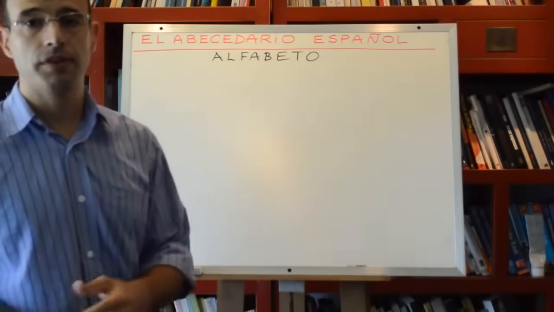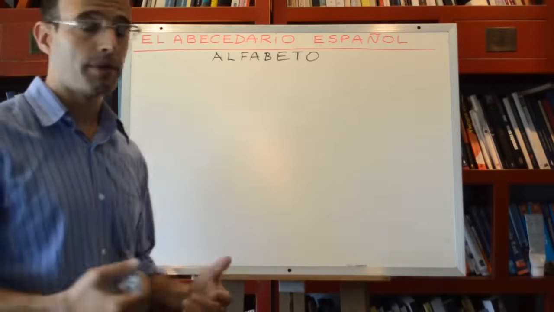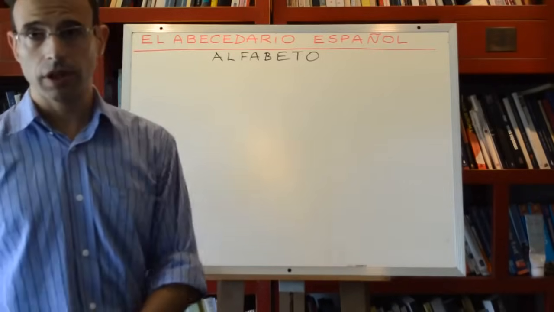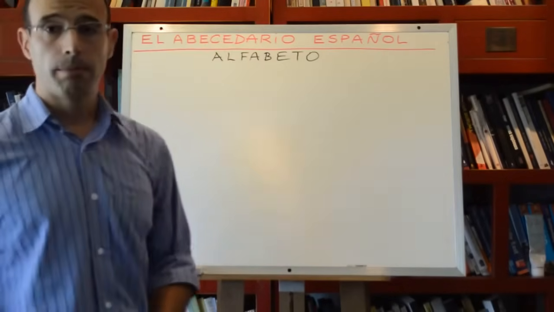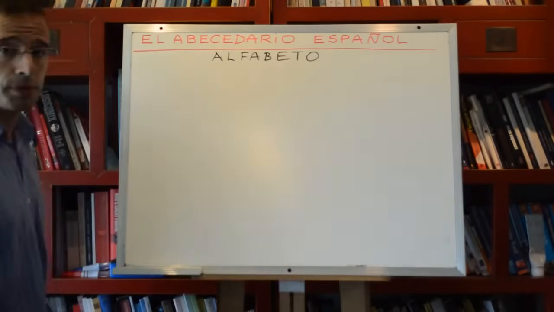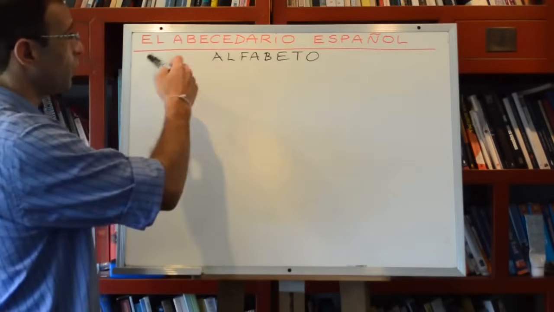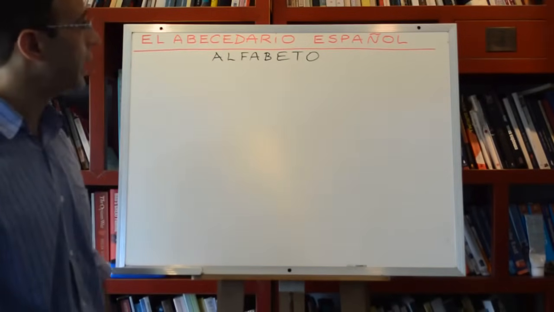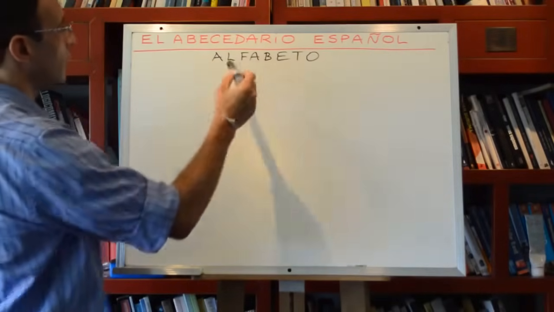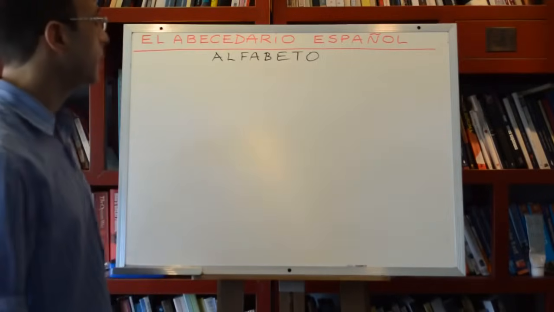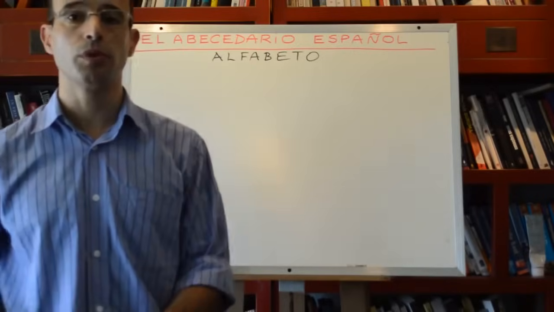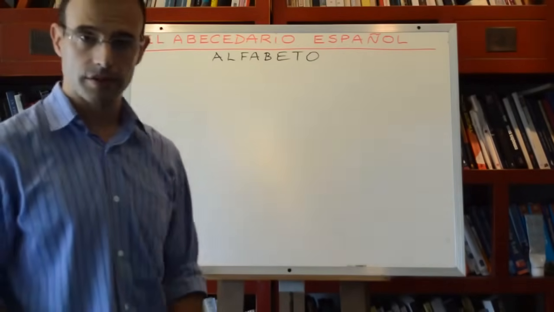That means it's el abecedario and not la abecedario, and it's el alfabeto and not la alfabeto, because these two nouns are masculine, okay? El alfabeto español. Both words mean the same, so you can say either way, el alfabeto or el abecedario. And this word comes from Greek, okay, while this one comes more from Latin, right? But both words are used in Spanish.